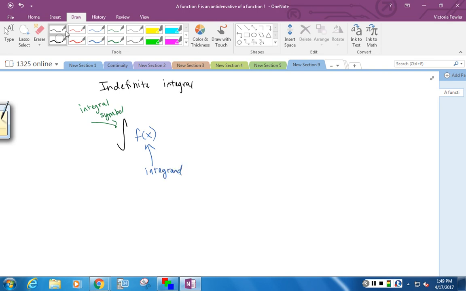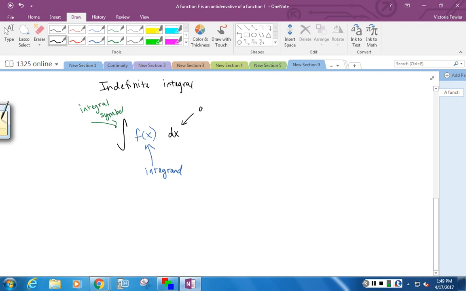And then it's like a sentence in English that has to be complete. I'm going to have this integral symbol, and the integrand, which tells me the function that I am finding the antiderivative of, and then this dx or dy or dt, whatever is back here, tells you what the anti-differentiation is performed with respect to.